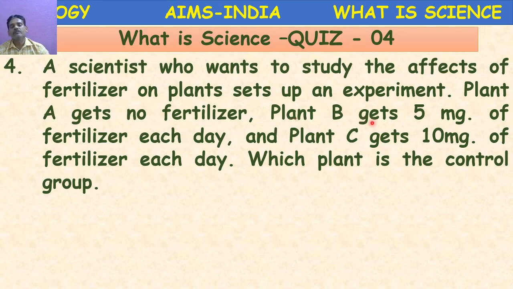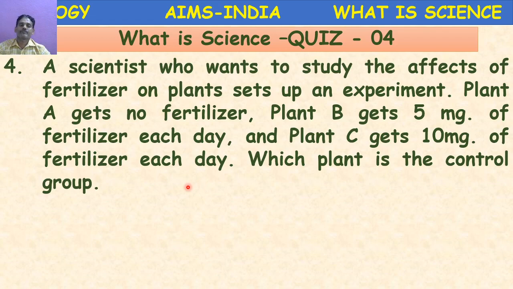Plant B gets 5 milligrams of fertilizer each day. Every day 5 milligrams is given. And plant C gets 10 milligrams of fertilizer each day. Which plant is the control group?